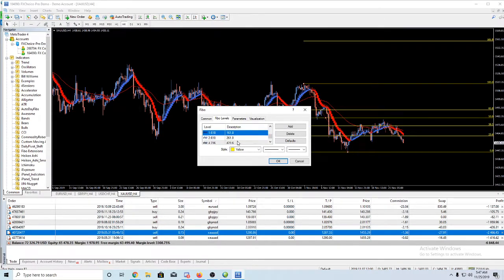Alright, so this needs to change to my extensional, which is negative 0.23. And I can actually just call it my extensional. I don't need this other stuff.